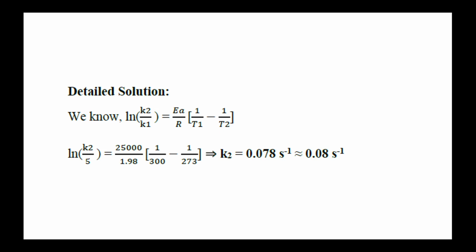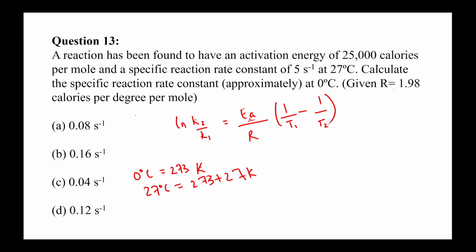So you have the value of K2, you have the value of K1, you have the value of T1, you have the value of T2, you have the value of EA and R. So you have to solve for K2. Here you have the activation energy, that is the EA.